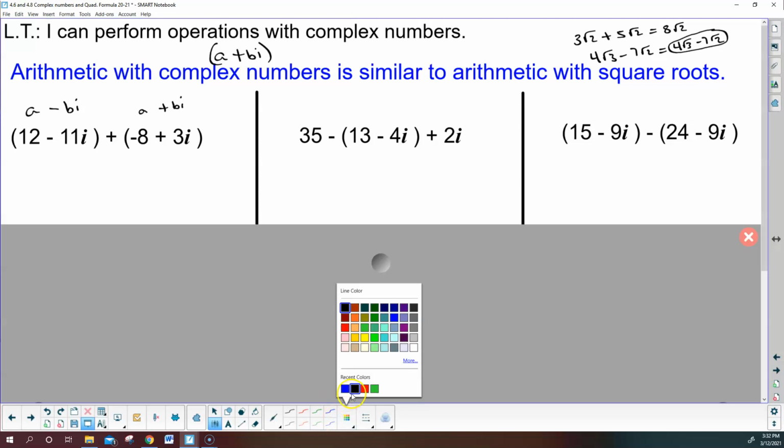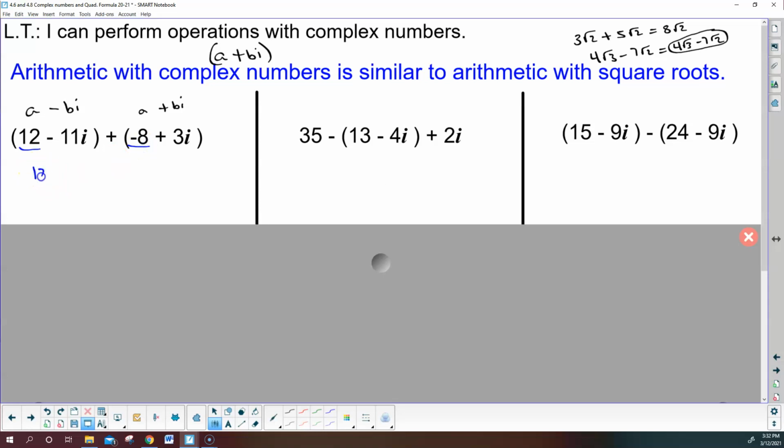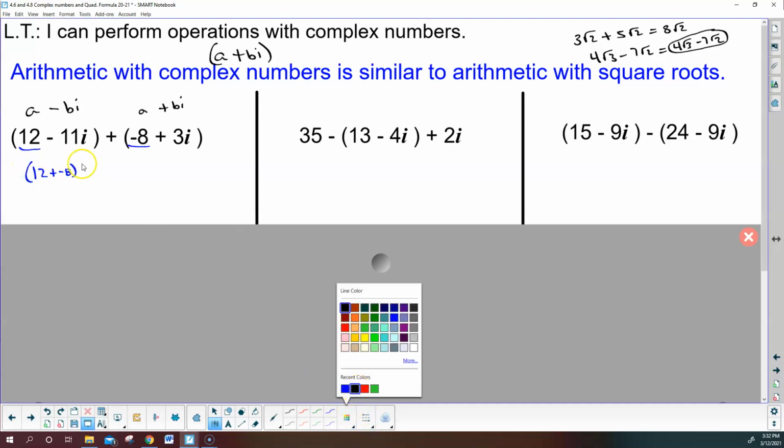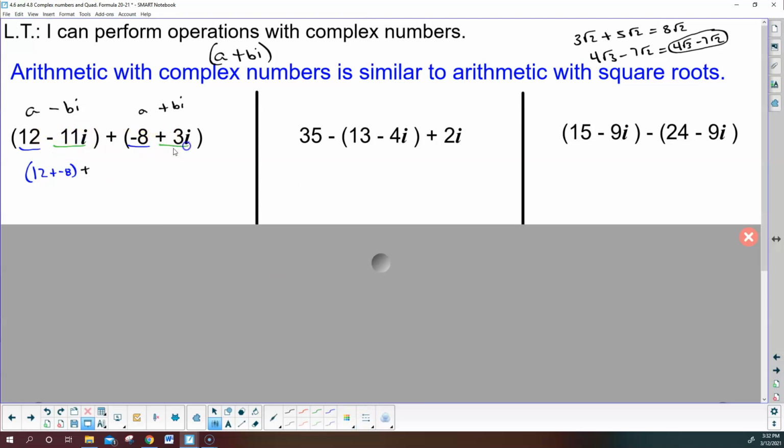Now I'm not saying you have to do it exactly the way I am, but let's look at the real portions, 12 and negative 8. What if I just group those together? I get 12 plus negative 8. So there's my real portion. And then what if I do the imaginary portions? Negative 11i plus 3i.